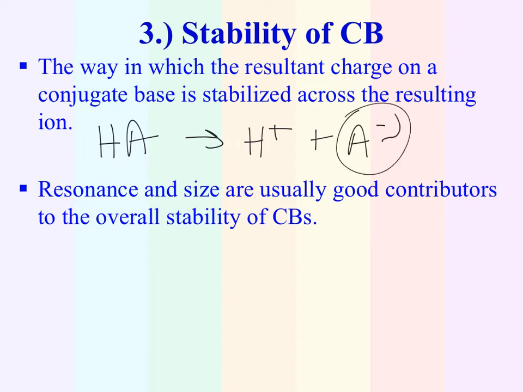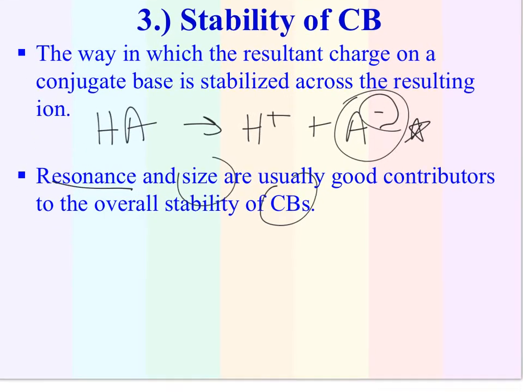This charge on the conjugate base is going to be stabilized across the molecule or across the atom. Depending on the features of the molecule in which that charge is being distributed, that's going to dictate the overall stability of your conjugate base. So things like resonance and the size of the ion are going to be dictating factors related to acid strength. So what do I mean by resonance?